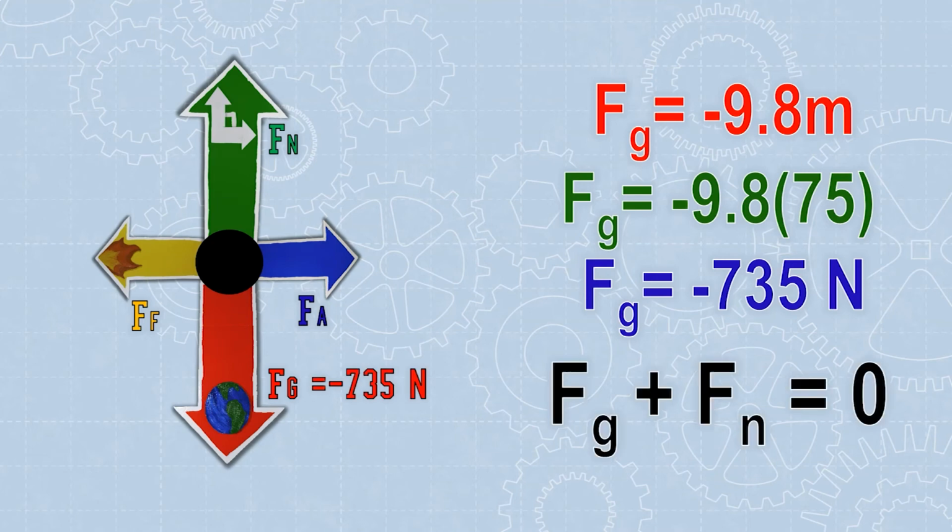Now I can find that equation. Fg, my downward force, plus Fn, my upward force, my opposing force. Because it's balanced, it has to equal 0. So opposites add to 0. If negative 735 is pulling down, positive 735 is pushing up on the person.